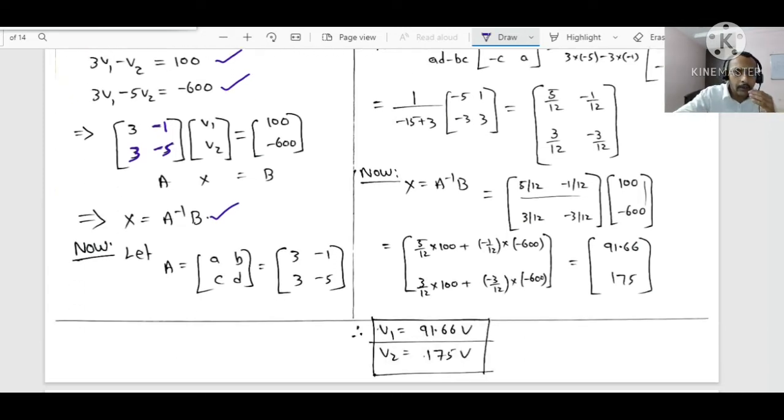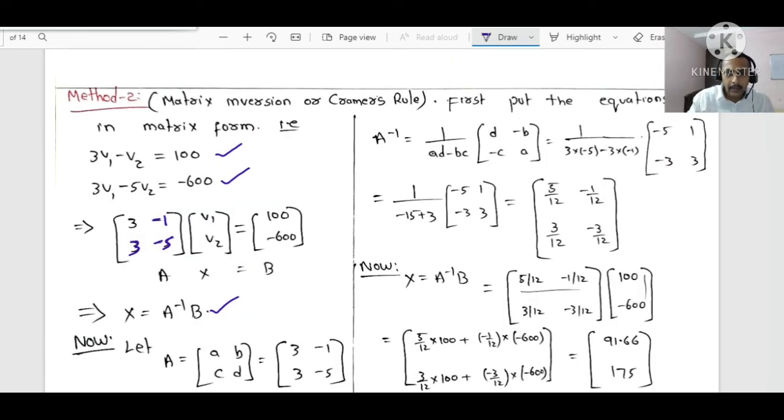If you observe, A is a 2 by 2 matrix with elements A, B, C, D. We know the inverse of matrix [A, B; C, D] is 1 by (AD minus BC) times [D, minus B; minus C, A]. You write D here and A here, and for B and C you have to change the signs.